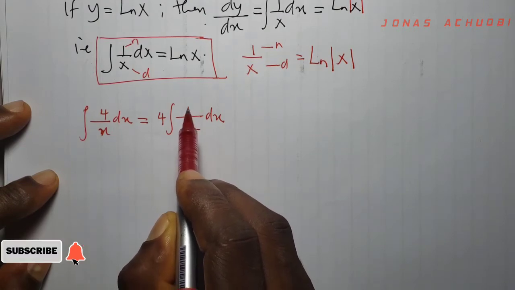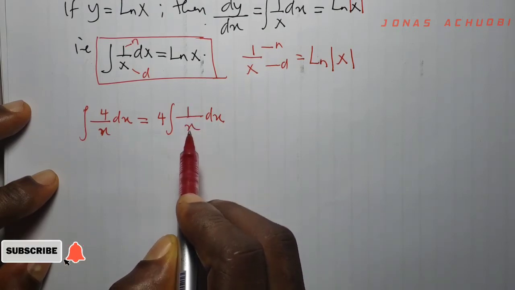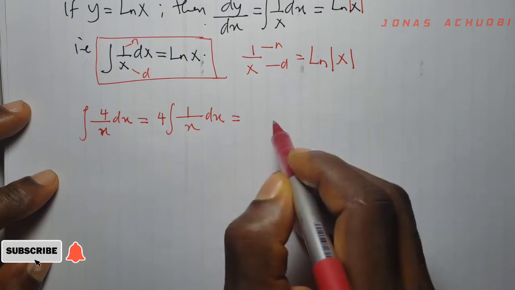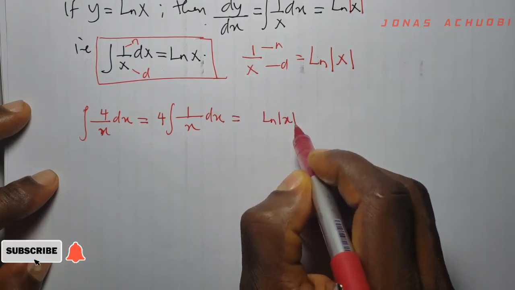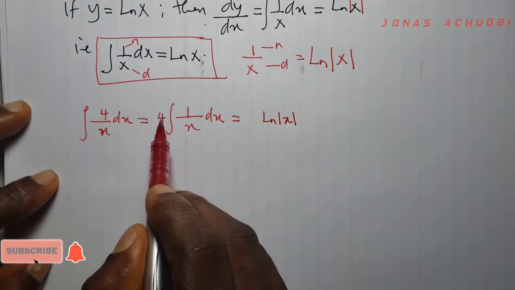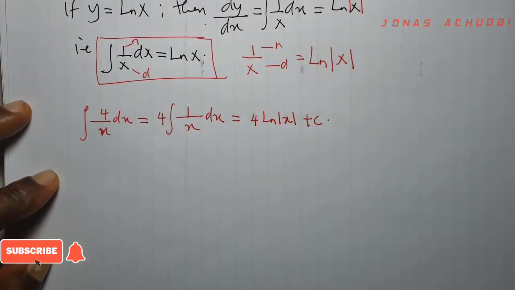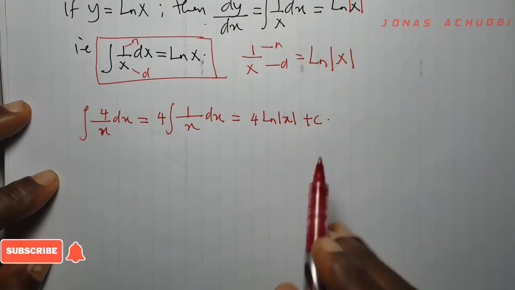So 1, the numerator, is the derivative of the denominator. Once I'm able to spot this, I'll simply write this as what? The integral of 1 over x with respect to x is simply what? Ln absolute value of x. Since there's a 4 out here, that becomes 4 ln x plus c, where c is a constant of what? Integration.